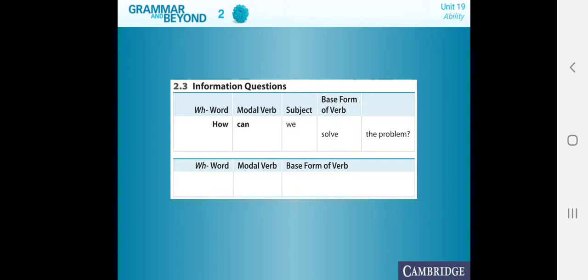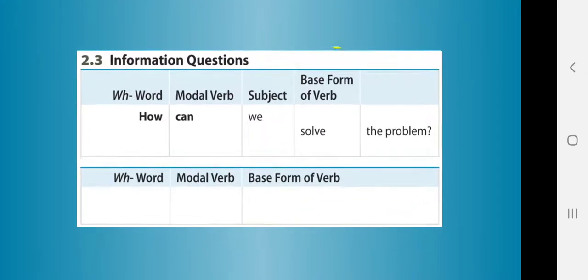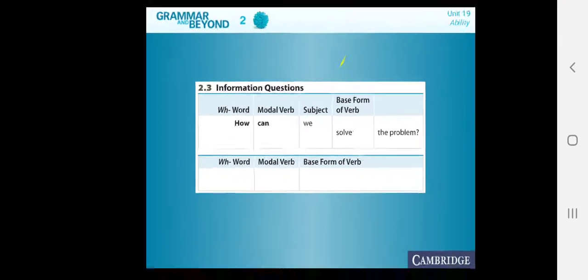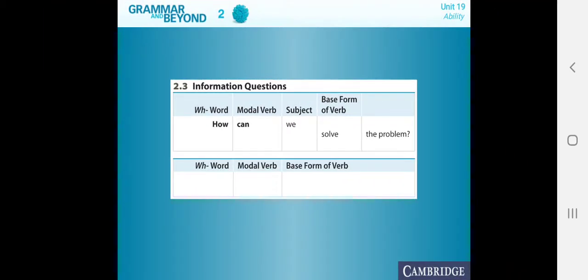Now, imagine that we do not have the WH word there and we just have, can we solve the problem? That's a yes/no question. That's why it's important to recognize that the yes/no question is the base to create information questions.